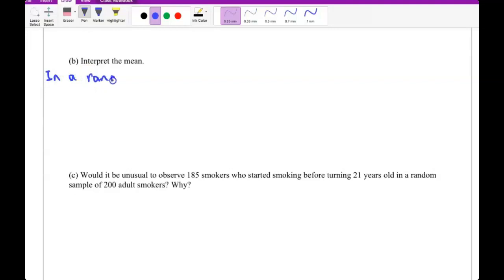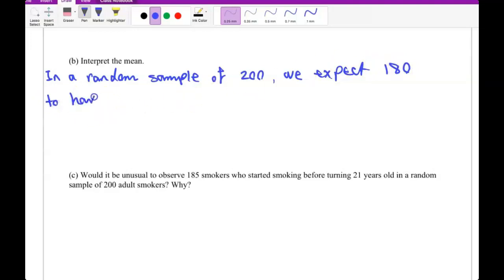What that means is, in a random sample of 200, we expect that 180 to have started smoking before turning 21.